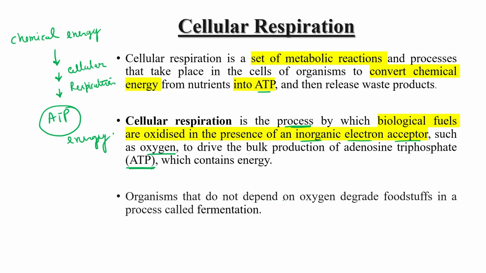And organisms that do not depend upon oxygen degrade their foodstuff through a process known as fermentation. There are two types of organisms, aerobic and anaerobic. Anaerobic respiration occurs in the absence of oxygen, while aerobic organisms require oxygen for their cellular respiration. Clear?